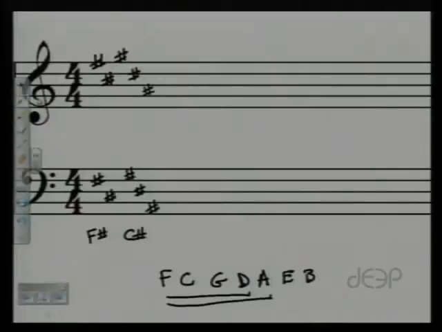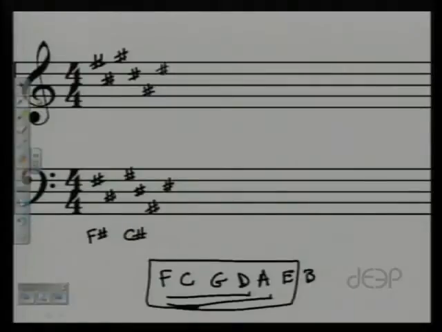If there's six, F, C, G, D, A, E, and so then we would add that E in the bass and in the treble. And then finally, if there are seven, we add the B. And that gives you your sharp key signatures.